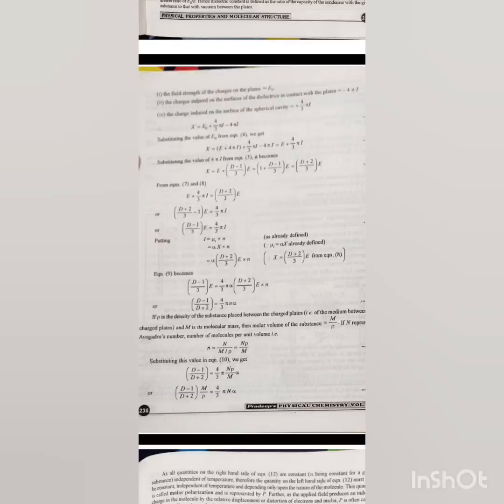Third, the charge induced on the surface of the spherical cavity is equal to plus 4/3 πI. Now ξ is equal to E0 plus 4/3 πI minus 4/4 πI.